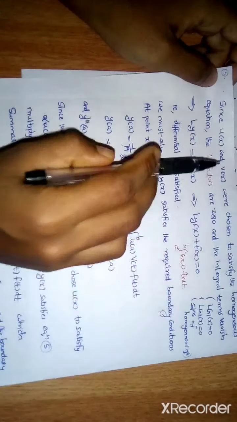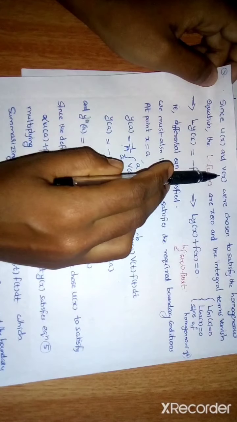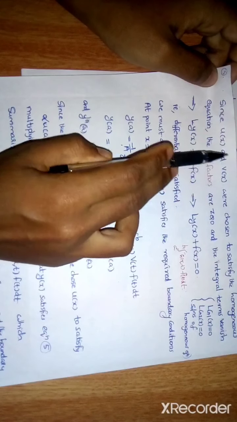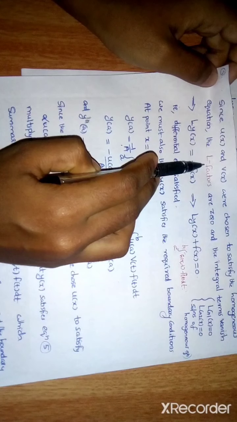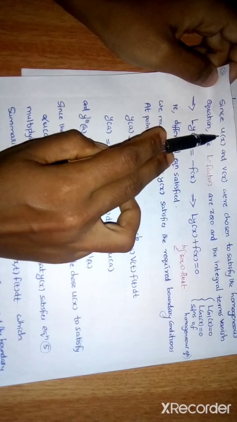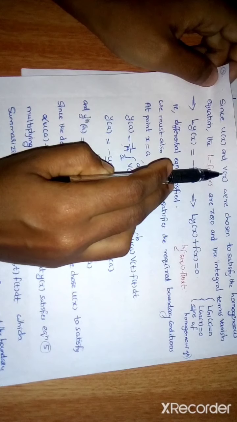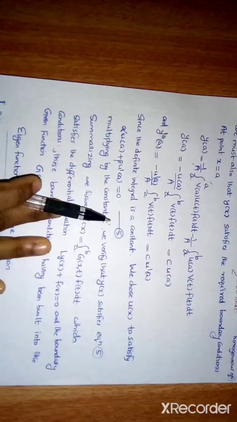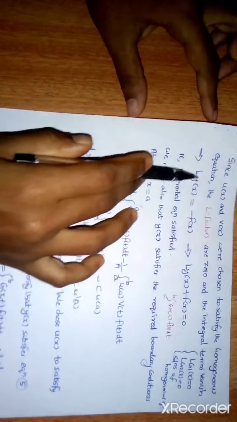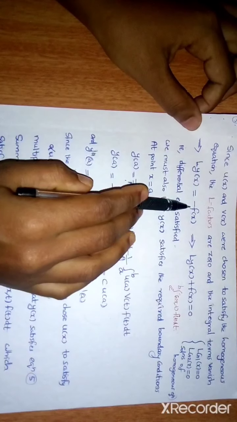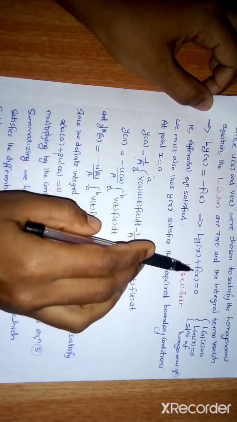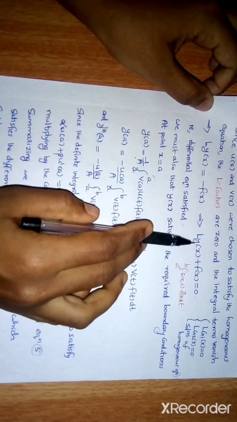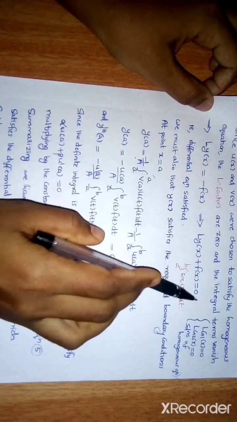So here we take u of x and v of x, and to satisfy the homogeneous equation the L factors become 0. That is, Lu of x and Lv of x become 0, so these two terms become 0. Then the left term will be minus f of x. Then we can write Ly of x equal to minus f of x, which implies Ly of x plus f of x equals 0. This is nothing but our differential equation.